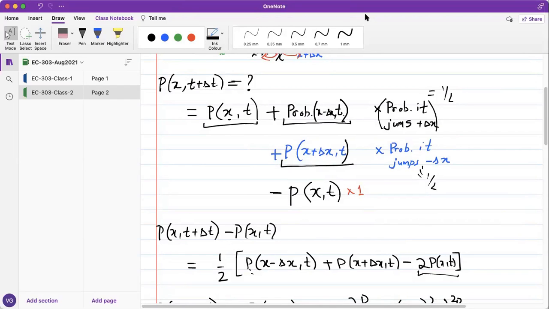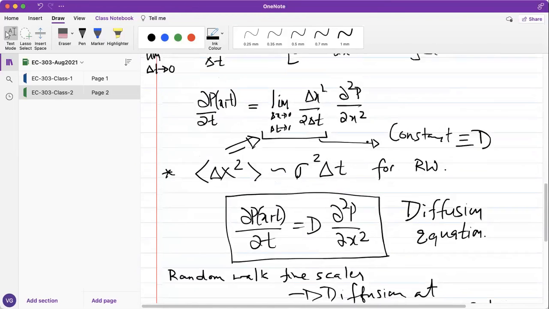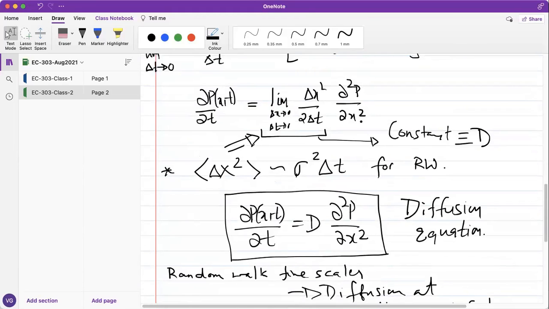Could you go over again what the justification is for replacing the limit by the average? This just follows from the derivation we did for the random walk, right? In a random walk, we know that the mean square displacement is proportional to the time over which the displacement happens.